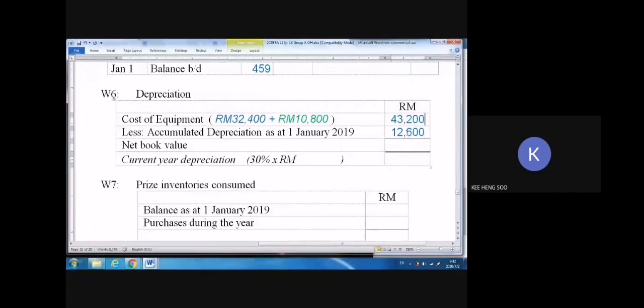So you know how to calculate your depreciation. This one minus this one, you get 30,600. So this 30,600 goes here.